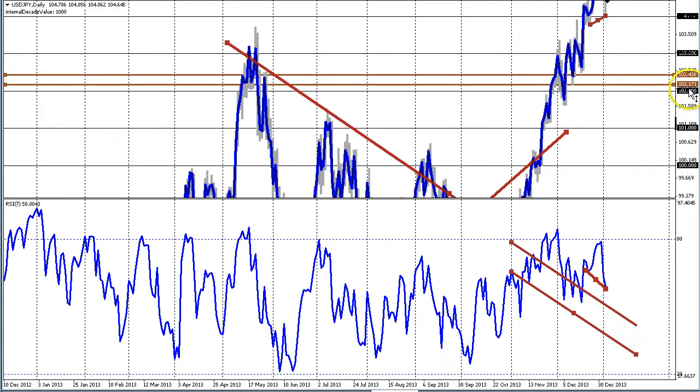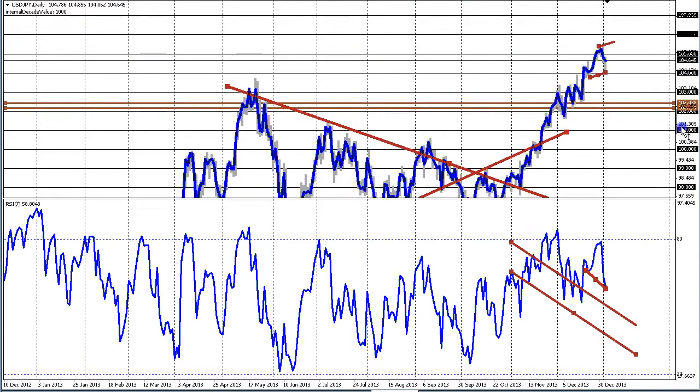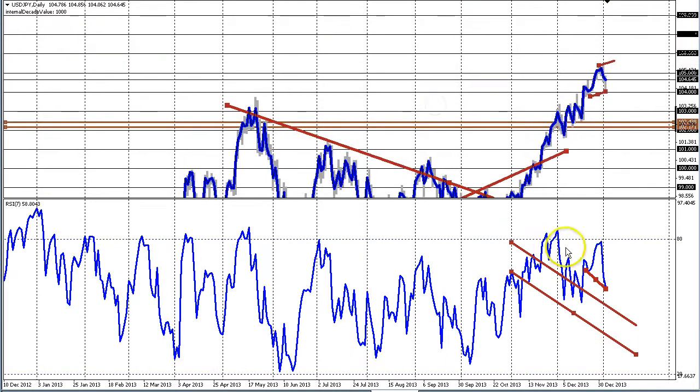And then take a look at this, I think it's a major divergence here, but rhythm-wise, you still have to ideally come back up into the pivot here, treating the RSI as if it's price.